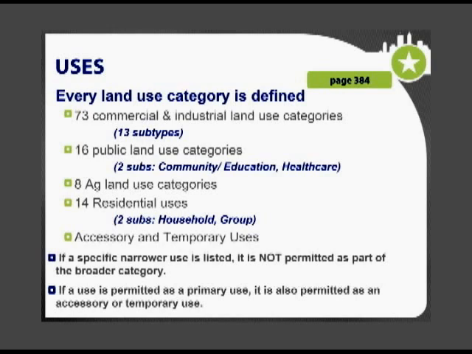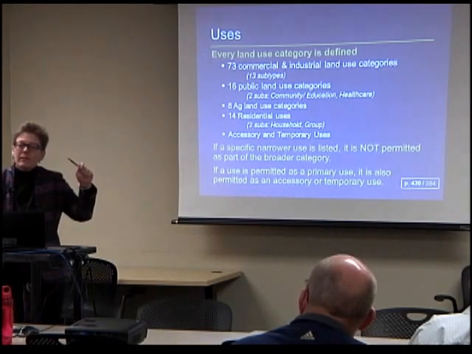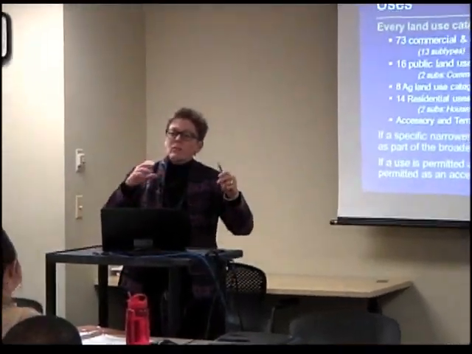A couple of things I do want to stress, that I'm probably going to say more than once today, is that if a narrow specific use is listed on the use table that would be considered a subset of another land use that's on the use table, it's not permitted in the broader category.